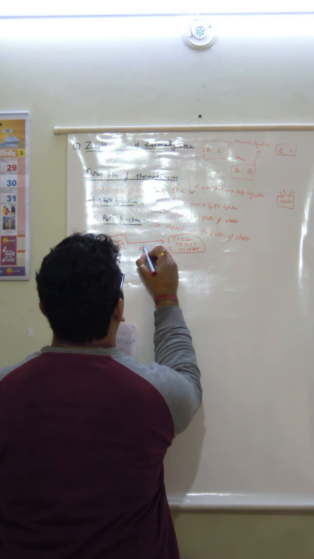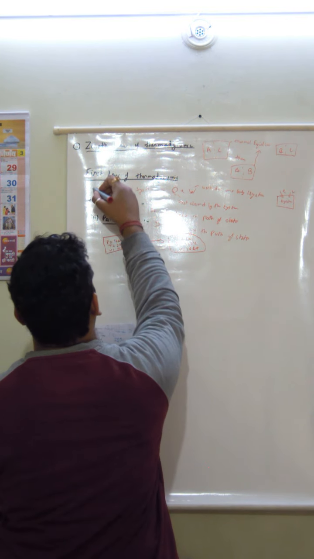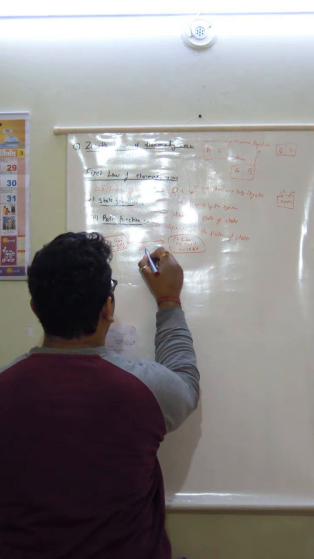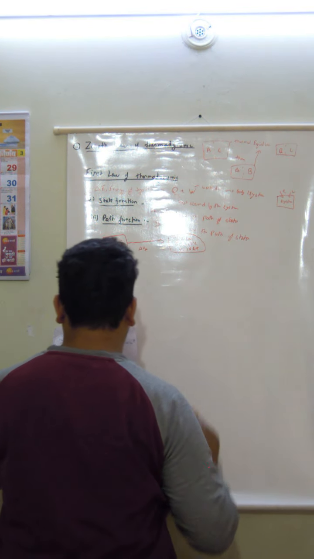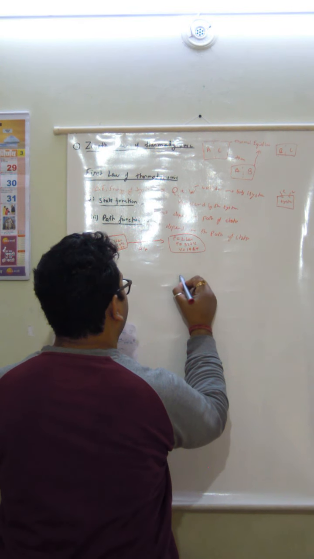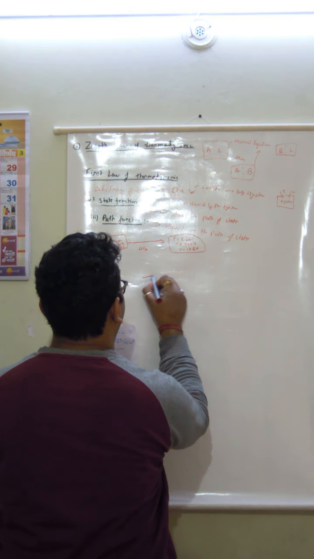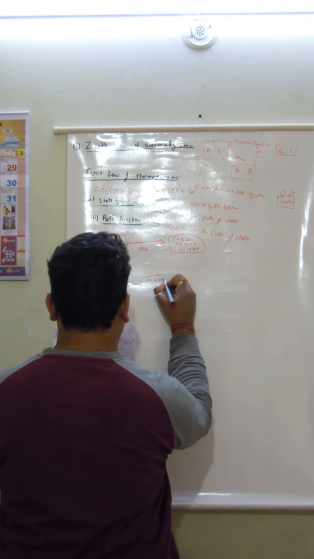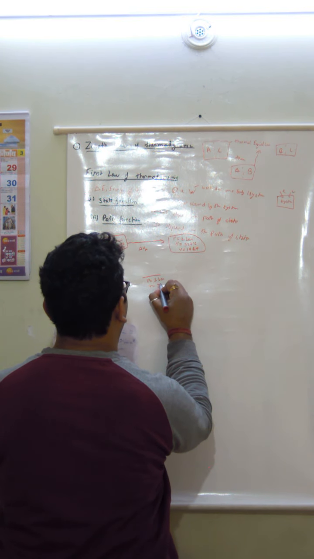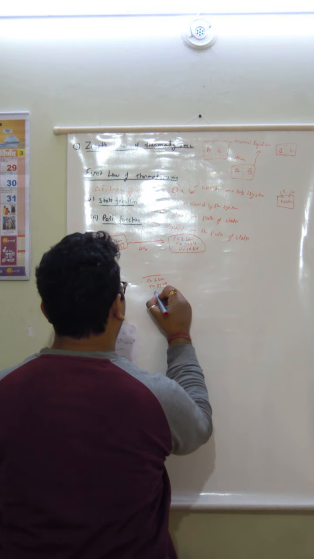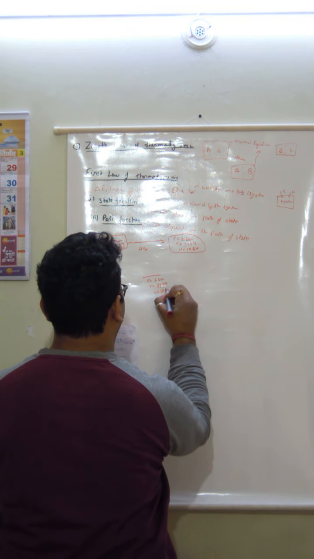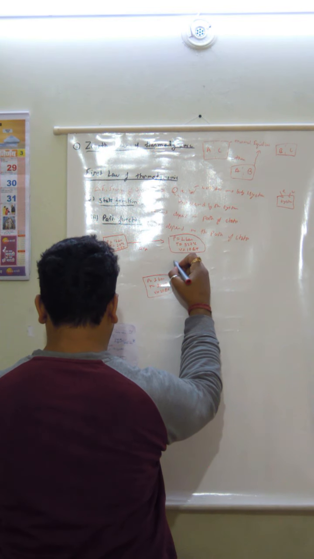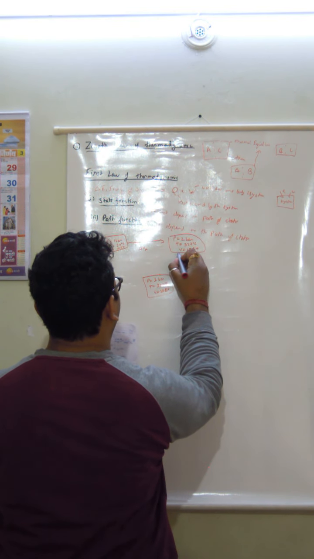This is an internal energy, UA. Let's take another system. Pressure is 1 bar, temperature is 27 degrees Celsius, and volume is 20 liters.